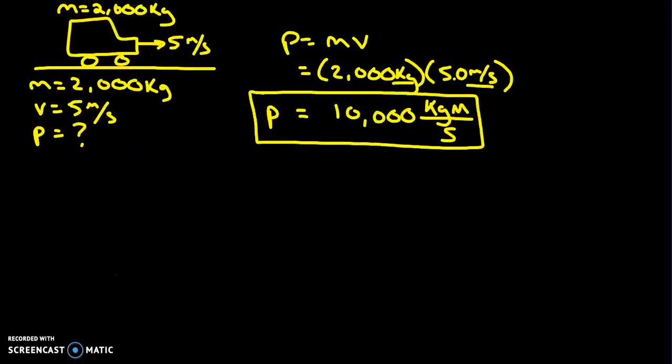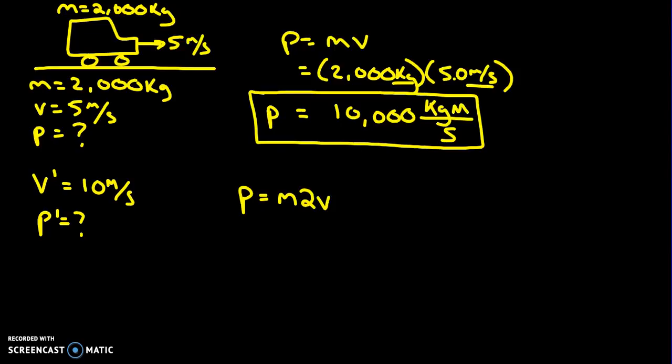All right, another quick example. If we were traveling at not 5 meters per second, but at the new velocity, okay, so I'll call it v prime, is now 10 meters per second. You could do this in a variety of ways. We want to know what p prime would be. But let's do this from a proportional standpoint. What we're saying is we're keeping mass the same, and the 10 meters per second, my new velocity, is twice that of my previous velocity.